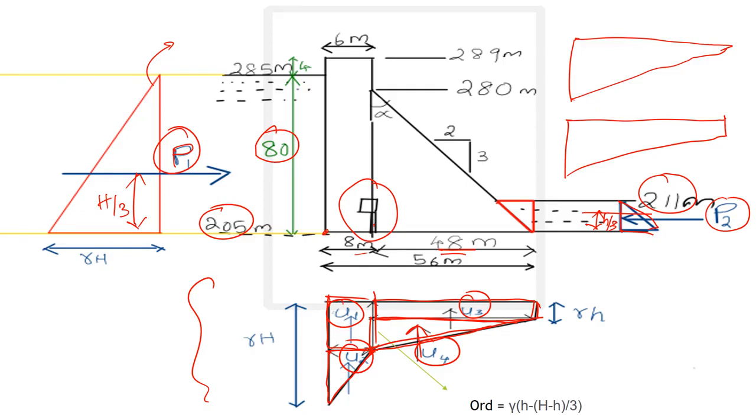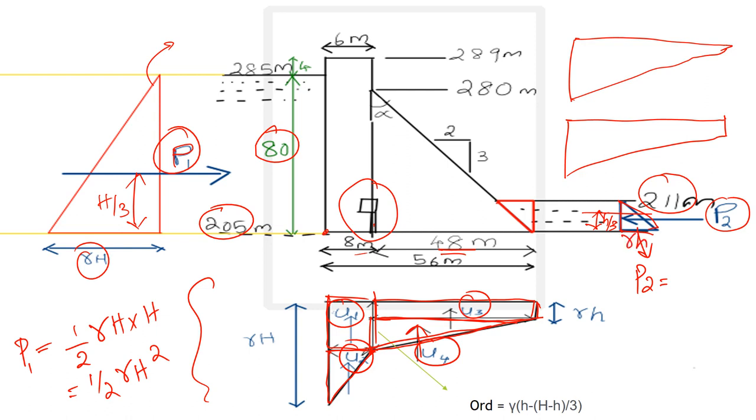For example, P1 is given by the area of this triangle, that is half into gamma h multiplied by h, that is equal to half gamma h square. Similarly, P2 is gamma into small h, so half gamma small h square.